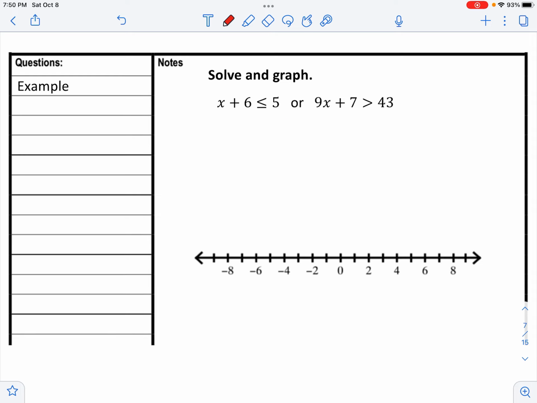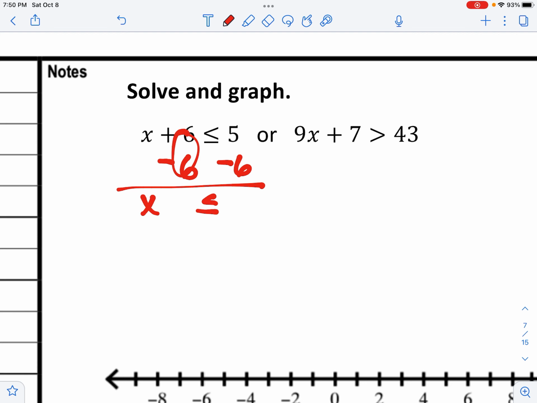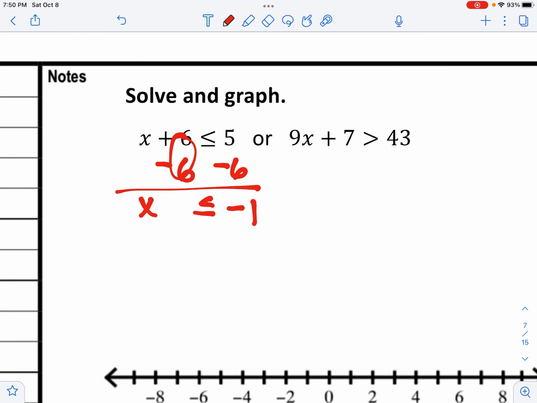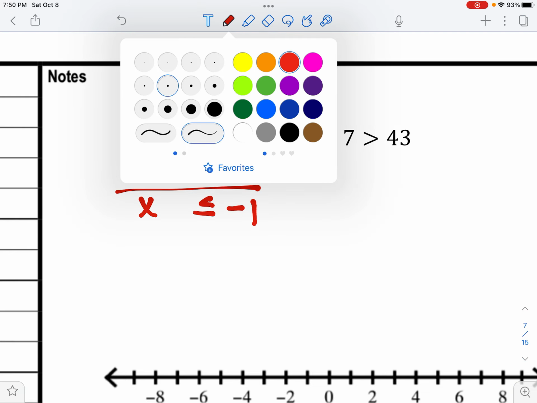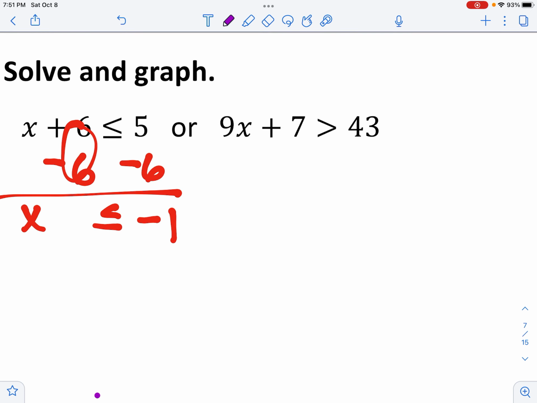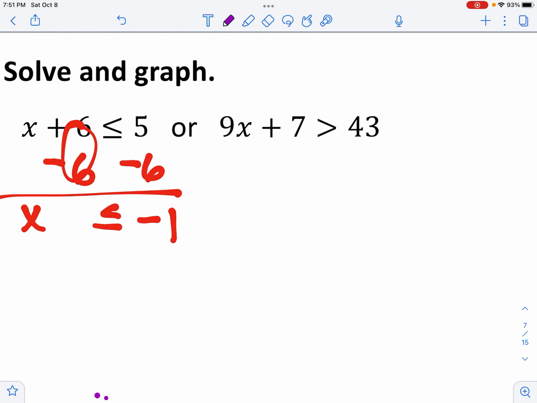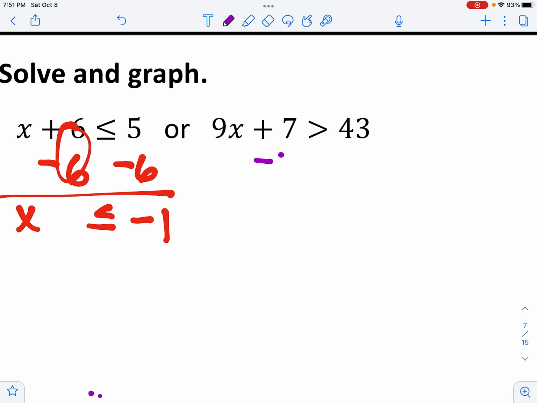So what we're going to do is just simply solve these like we normally would. So in this case, subtract 6 from both sides. And we get negative x is less than or equal to -1. And then over here, subtract 7, subtract 7.